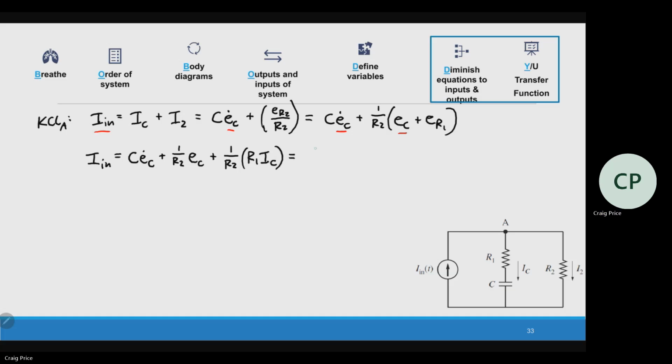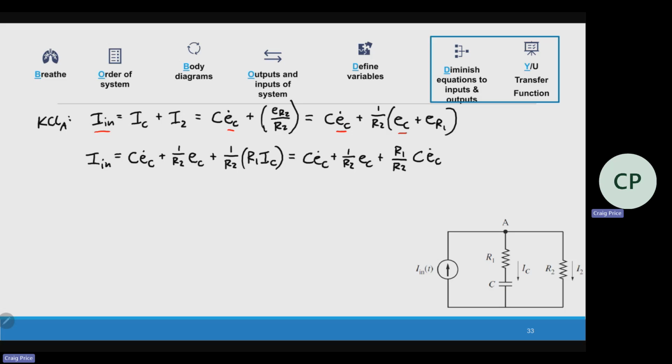So that gets us really close. R1 over R2. I just want to change that IC, and that's the same thing we did back here. That was the first thing we changed. When I had that capacitor current, I changed it to the C EC dot.